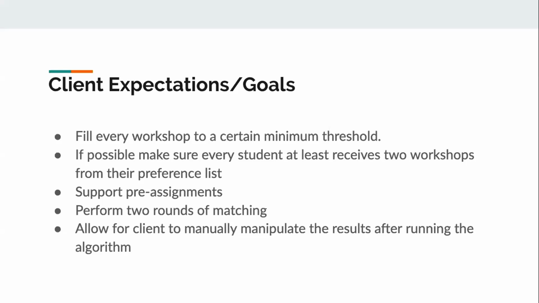There could be problems if all the students preference the same 10 workshops and all the other workshops have 0 preferences. So given certain data sets, this requirement could be difficult. But running our algorithm on previous years' input data, we didn't see any problems, because preferences were distributed evenly enough for this condition to be met.